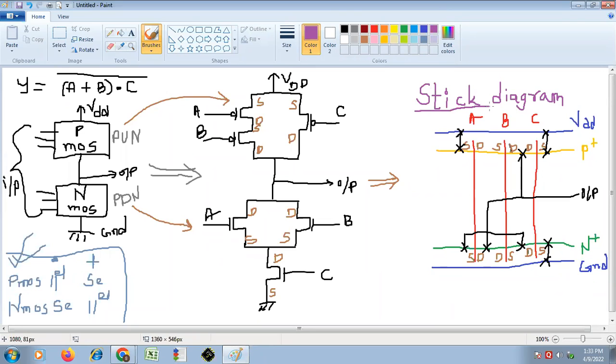Okay. This is the stick diagram representation. Clear with this?